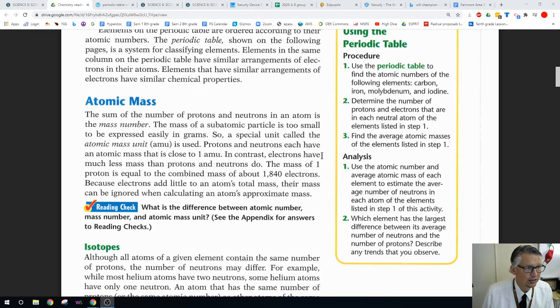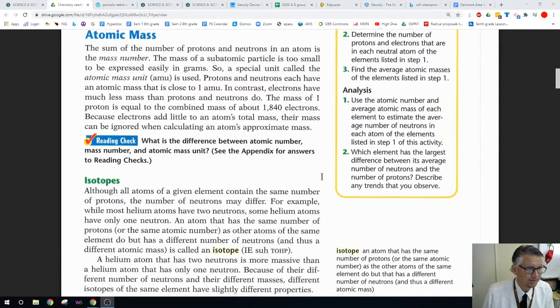In contrast, electrons have much less mass than protons and neutrons. The mass of one proton is equal to the combined mass of 1,840 electrons. Because the electrons add too little to the atom's mass, their mass is ignored when calculating the atom's approximate mass.